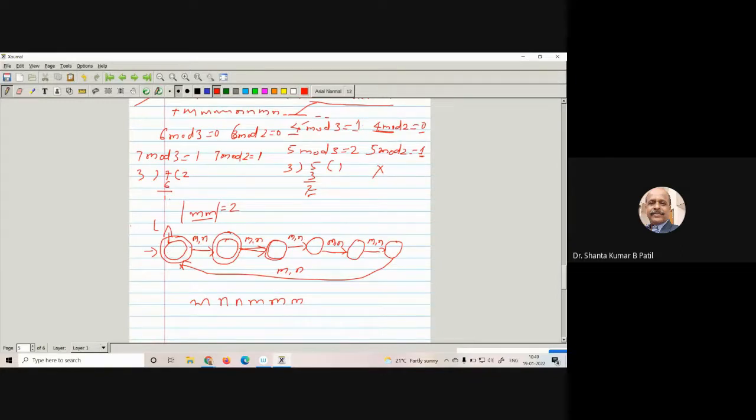Even you can find 7 M's. 7 M's is accepting: first, second, third, fourth, fifth, sixth, seventh.